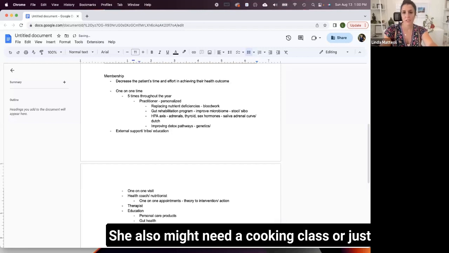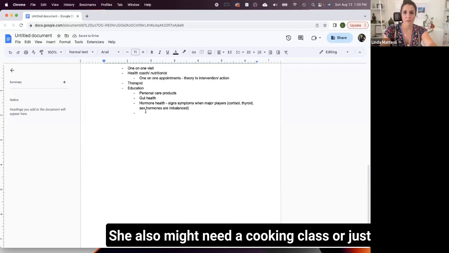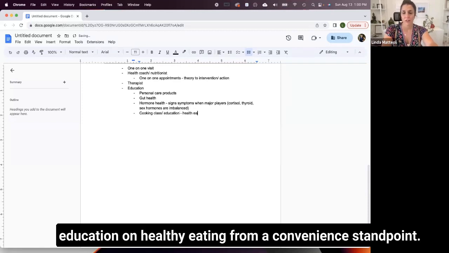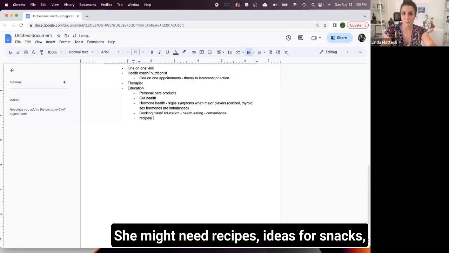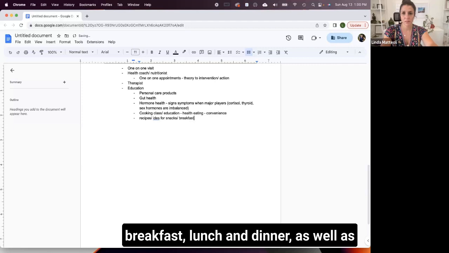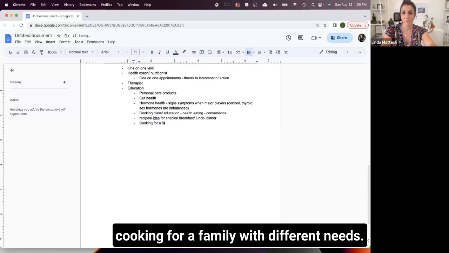She also might need a cooking class, or just education on healthy eating from a convenience standpoint. She might need recipes, ideas for snacks, breakfast, lunch, and dinner, as well as cooking for a family with different needs.